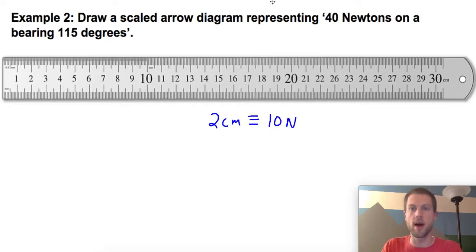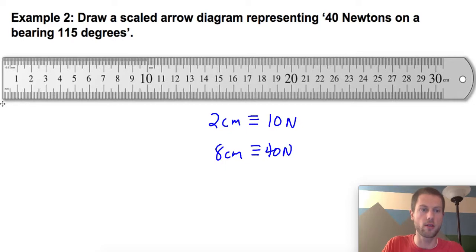That means that in my scaled arrow diagram, if I want 40 newtons, it's going to be 4 times this amount, so 8 centimeters. So now I need an 8 centimeter length, and that's going to be from here to here about. So that takes care of the size.